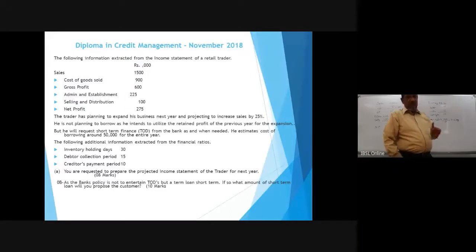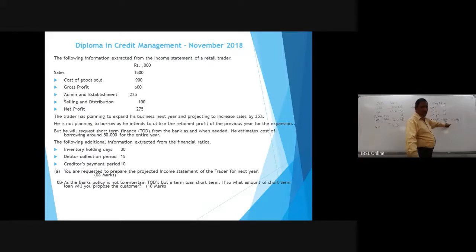Now, basically, in other words, the cash cycle turnover is 10 times. This figure has arrived after rotating 10 times.